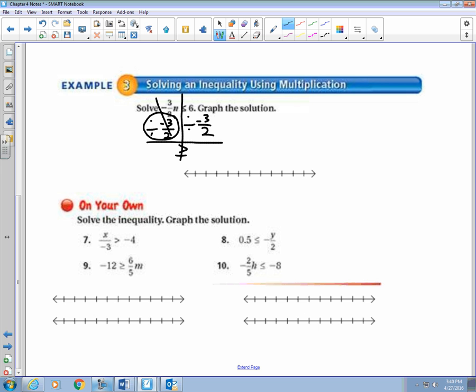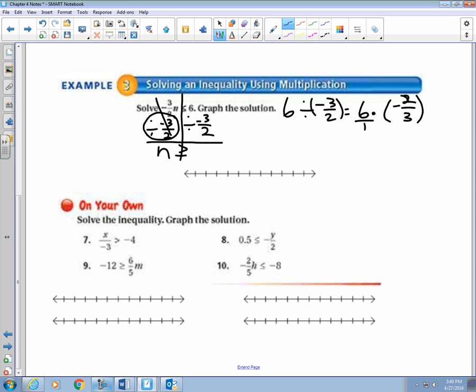-3/2 divided by -3/2 on this side is 1, so it just gives us 1n. And on this side, I have 6 divided by -3/2. All right, so that's a keep change flip situation. So that's going to equal 6 times -2/3, because I have to flip it. All right, in order to multiply fractions, I want to have two fractions to do that.